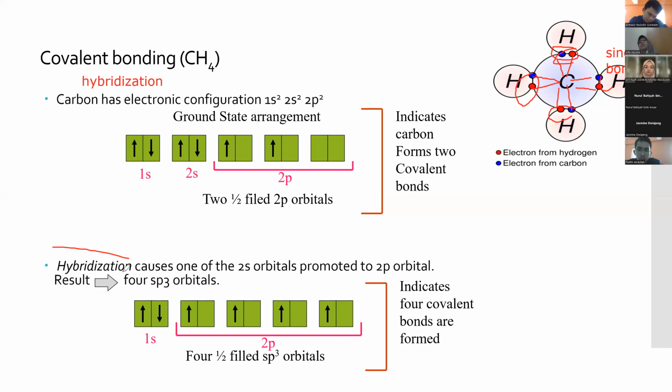Carbon does hybridization. In hybridization, one electron from 2s is excited, and they are arranged like this, resulting in 1, 2, 3, and 4. Now the carbon has four empty orbitals. They can be used for hydrogen to fill.